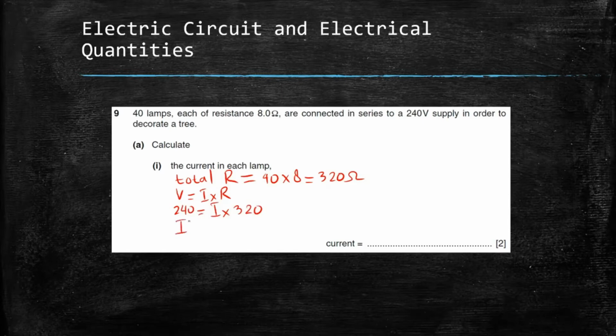So I equals 240 divided by 320, which equals 0.75 ampere. So the current in each lamp equals 0.75 ampere.